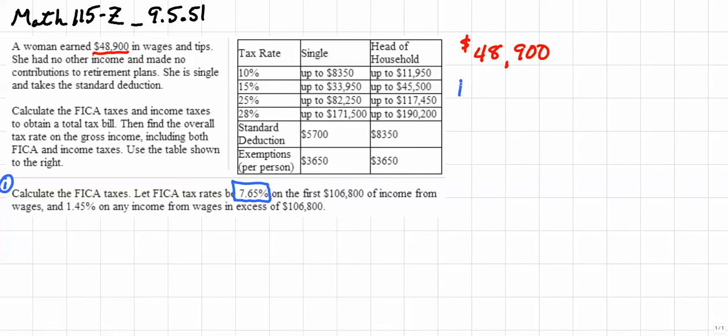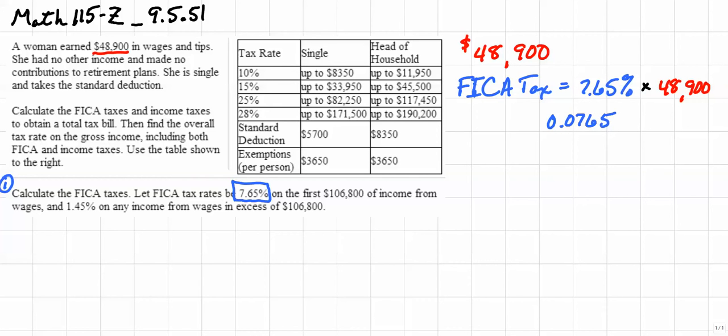So the FICA tax will be equal to 7.65%, and we will multiply that by her income, which is $48,900. Now, in order to do this, we'll need to convert this percentage into a decimal, so it will be 0.0765. We will multiply that by 48,900.